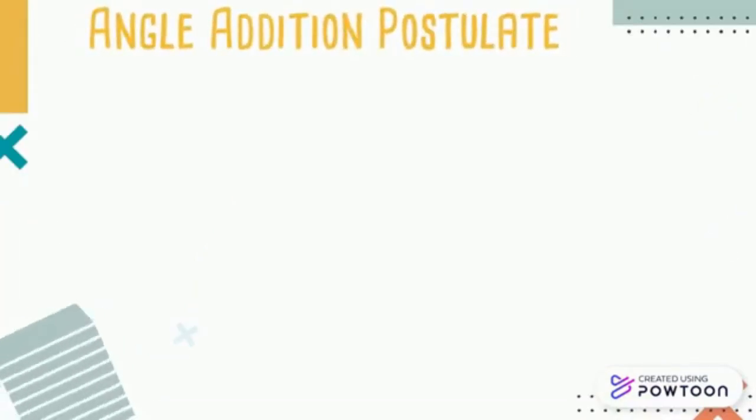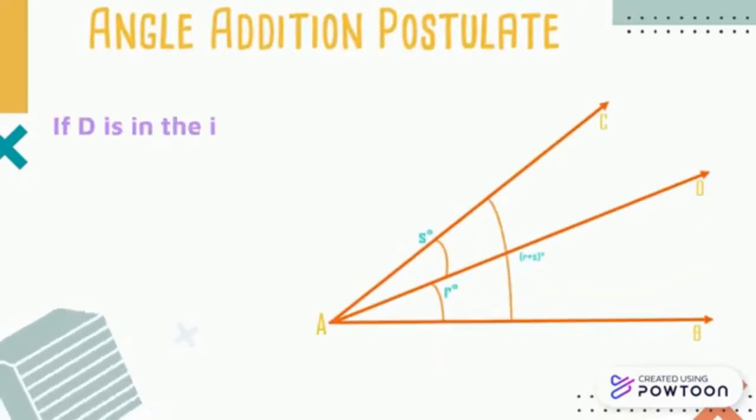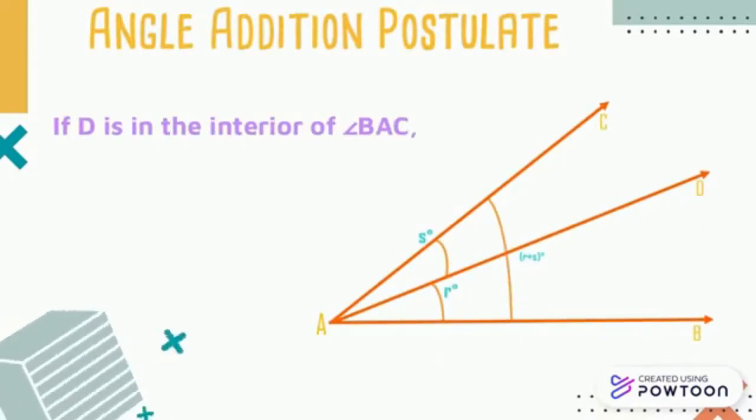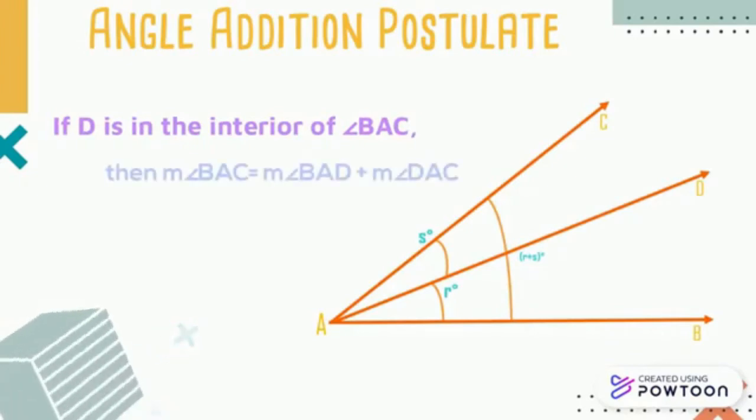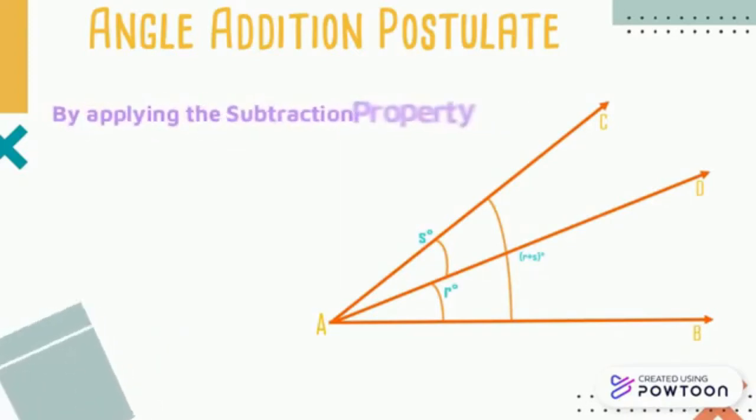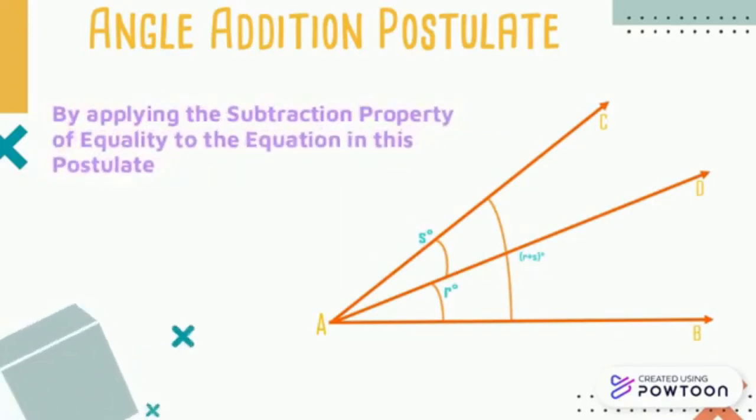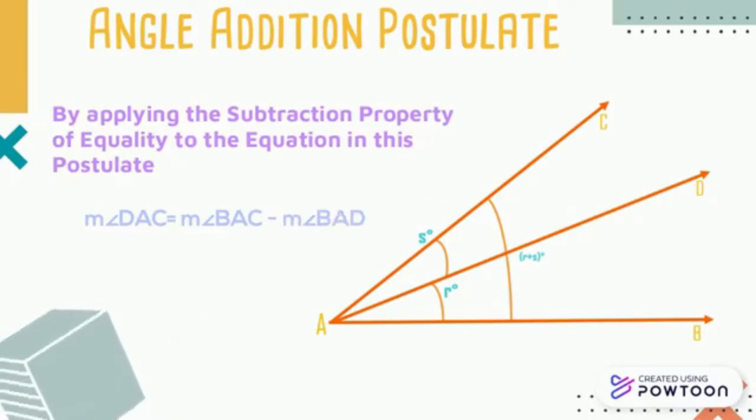Next, the angle addition postulate. If D is in the interior of angle BAC, then angle BAC is equal to angle BAD plus angle DAC. By applying the subtraction property of equality to the equation in this postulate, we can get that angle DAC will be equal to angle BAC minus angle BAD.